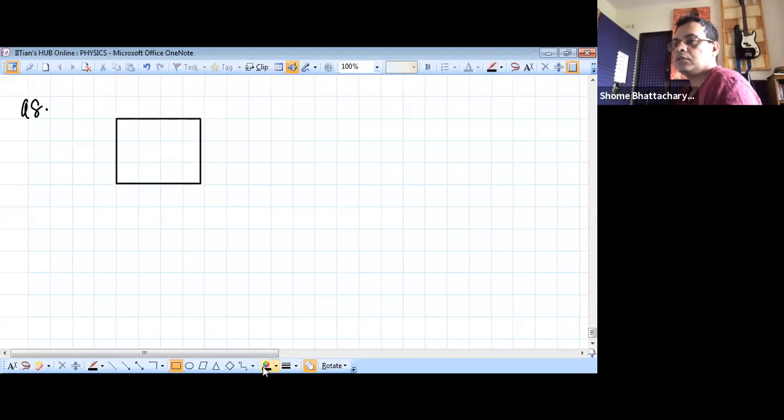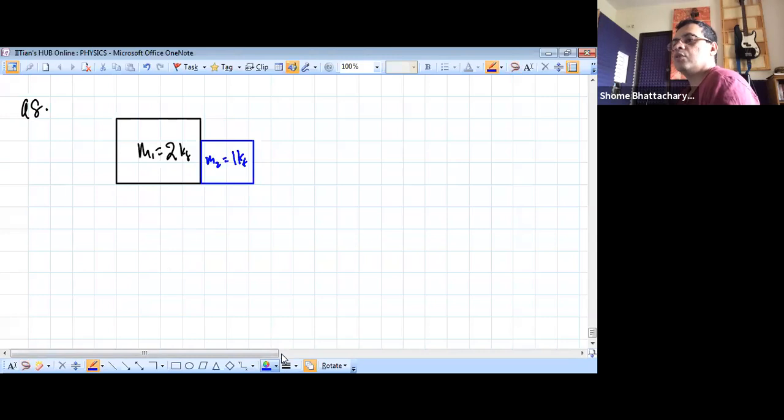So you have this body which is of mass 2 kilograms, given to us. And right alongside it you have the other body of mass 1 kilogram.